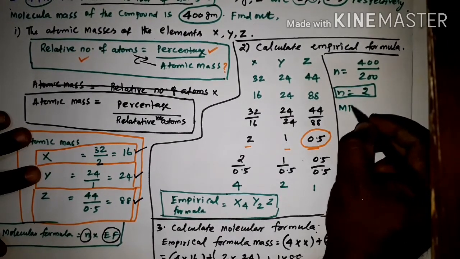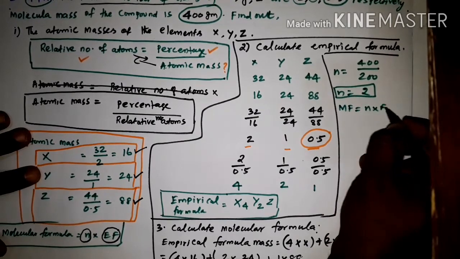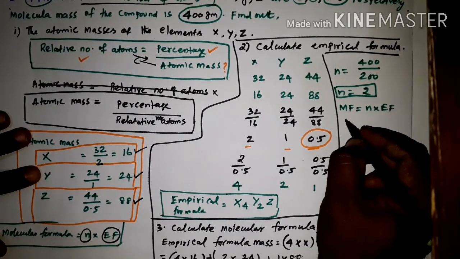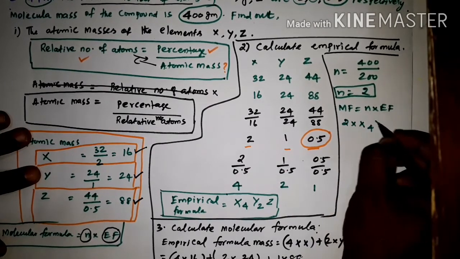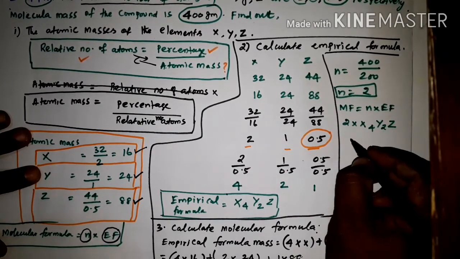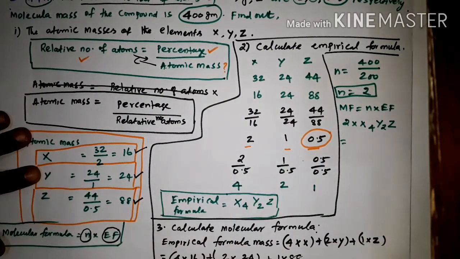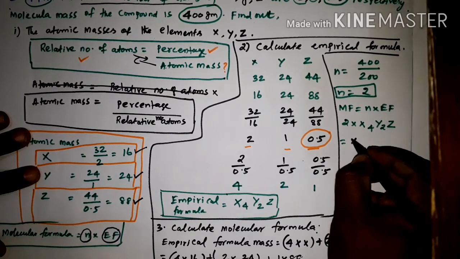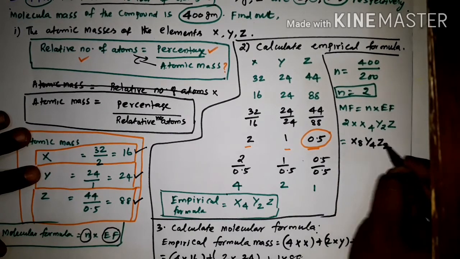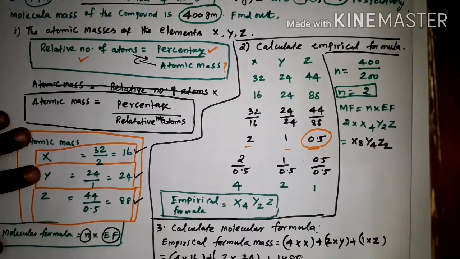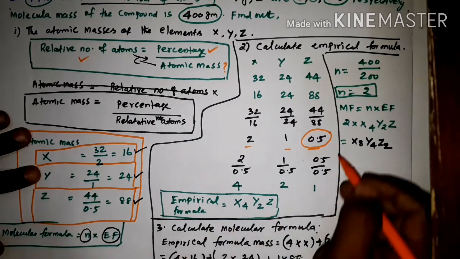So molecular formula equals n into empirical formula. So 2 into X4 Y2 Z1 equals, what is the final molecular formula? That is X8 Y4 Z2. This is the molecular formula of the given compound.